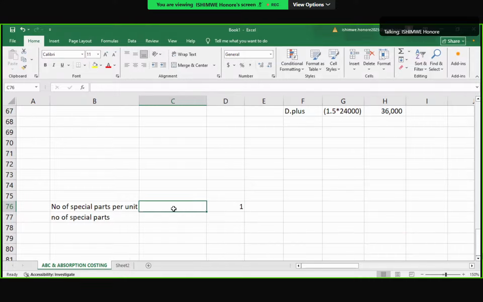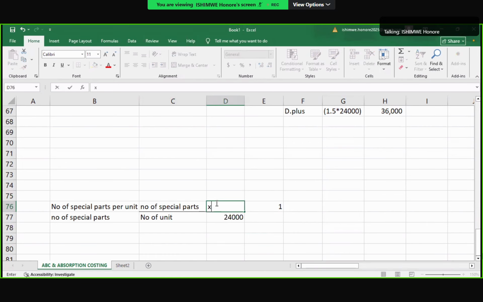It means they take number of special parts divided by the number of units. That's how they get this number of special parts per unit. And this number of units, I know it. It is 24,000. And the number of special parts, I don't know, it is X. I'm looking for it.